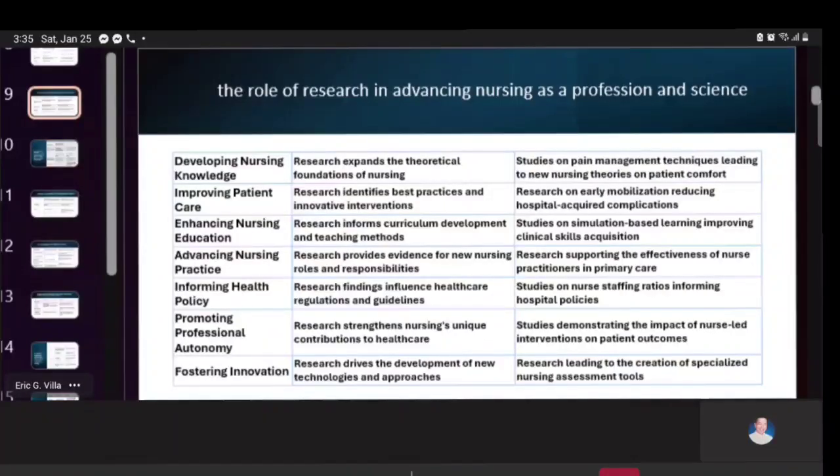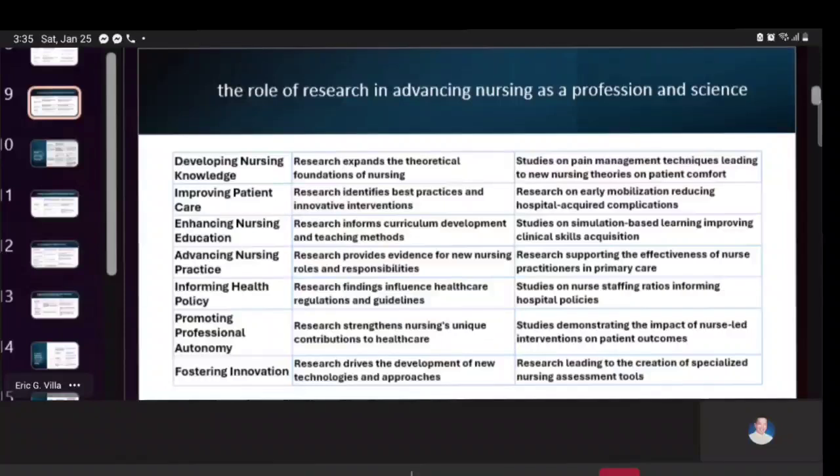Moreover, nursing research plays a crucial role in informing health policy. A study about nurse staffing ratios has influenced hospital policies and even legislation in some areas, where these studies highlight the impact of adequate nursing staff on patient safety and outcomes.